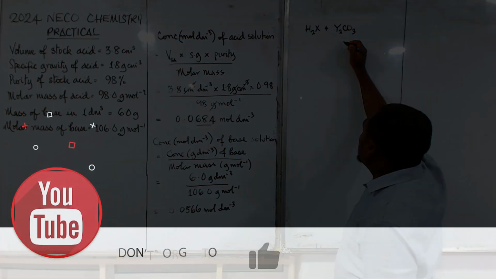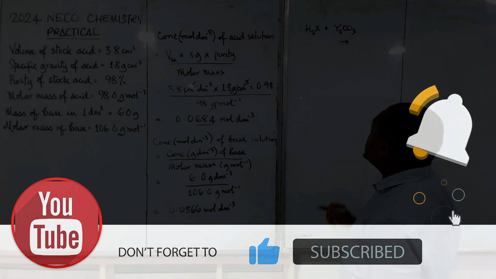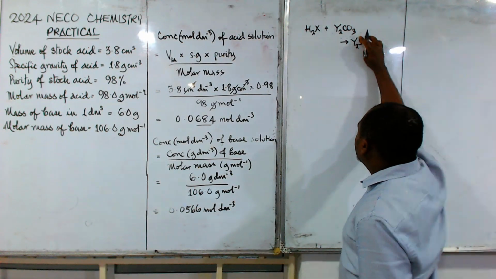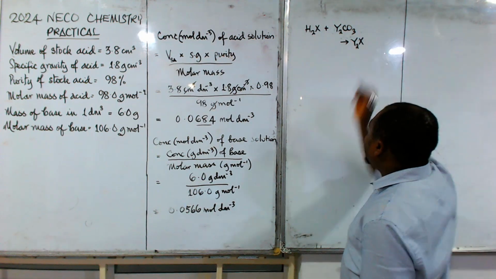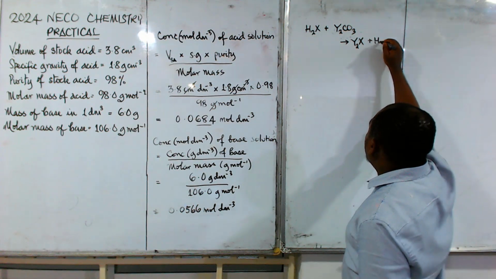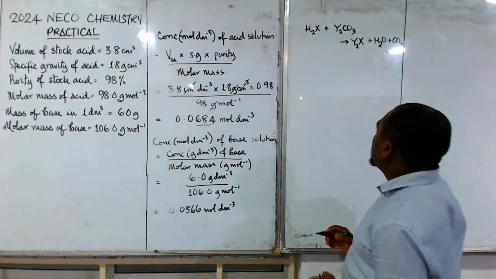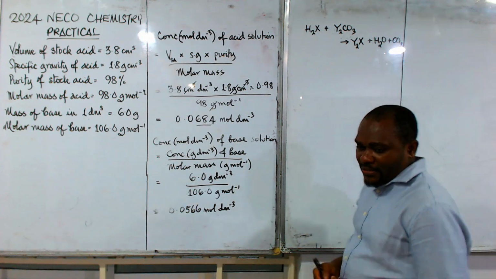So these two would combine to give us Y2X plus H2O plus CO2. Is that equation balanced? Yes, it's balanced, right?